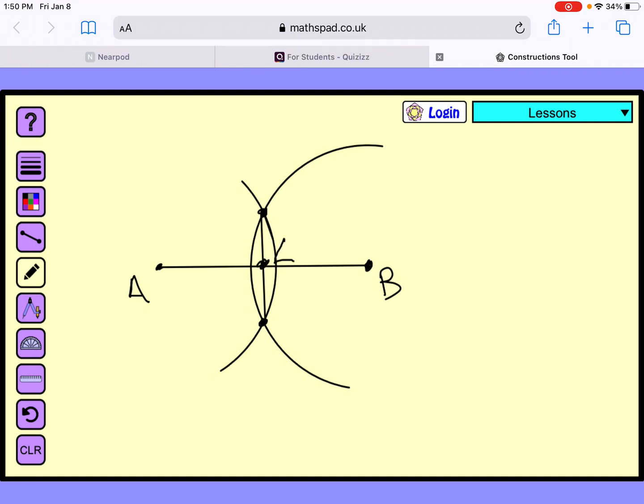Where it intersects right here, that is right in the middle of AB. Pretty cool, I know. So those are our two constructions. Perpendicular line was the first one, and that one was a perpendicular bisector.